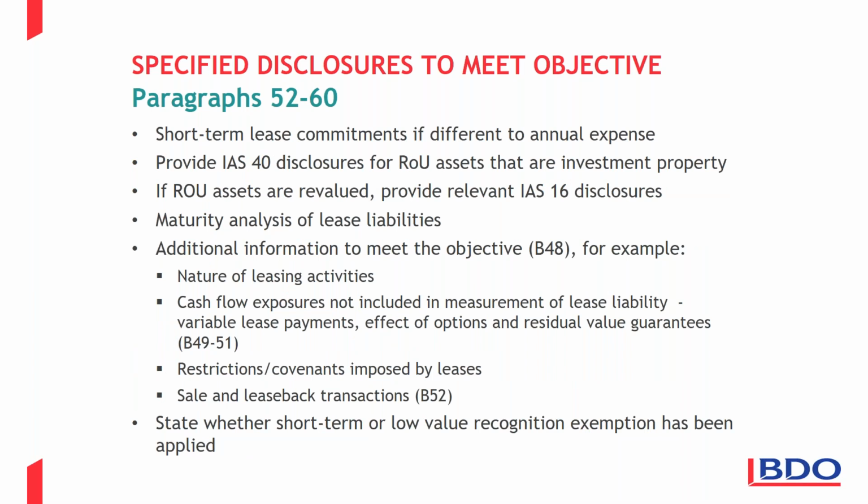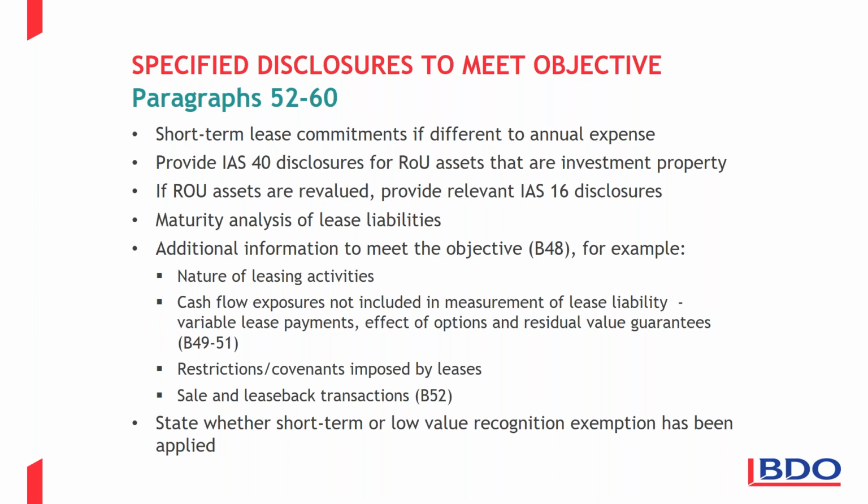Then paragraphs 52 to 60 have additional disclosures to meet the overall disclosure objective of the standard. You have to disclose your short-term lease commitments if it's different to the annual expense. You have to provide your IAS 40 investment property disclosures if some of your right-of-use assets are actually classified as investment properties.